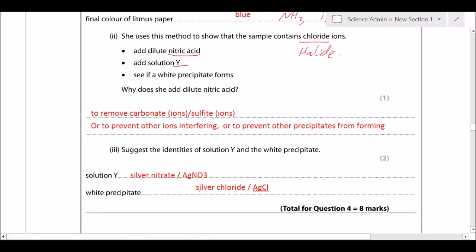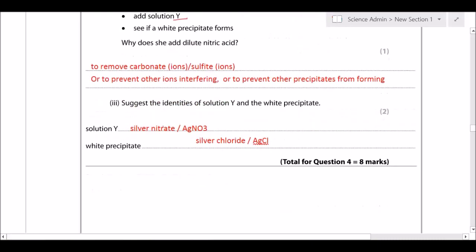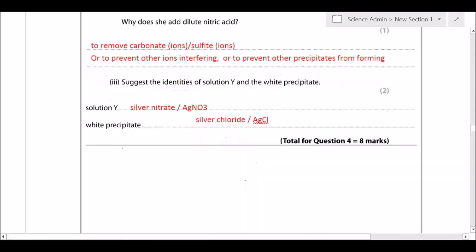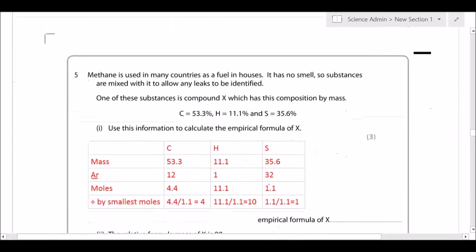So the precipitate that you therefore form is silver chloride, which is white. You've got chloride ions, and it's told you that in the question. Therefore, adding that to the silver nitrate forms silver chloride. You could have put the word or the symbol here, and again, word or the symbol here. If you put both, they both need to be correct.